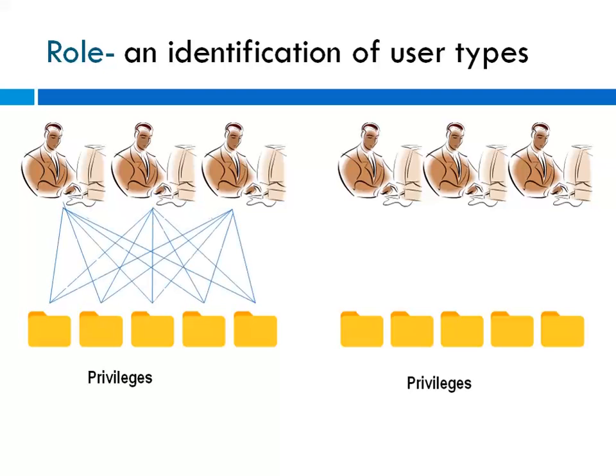So it can be seen like this, that 3 users, if they have to be given these 5 privileges, then every user must be given these 5 privileges by giving the grant statement.